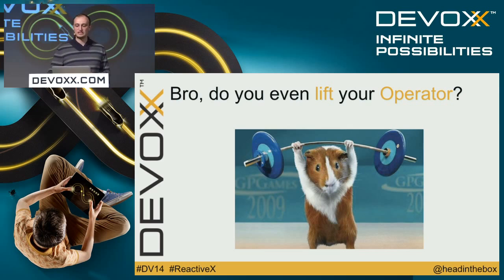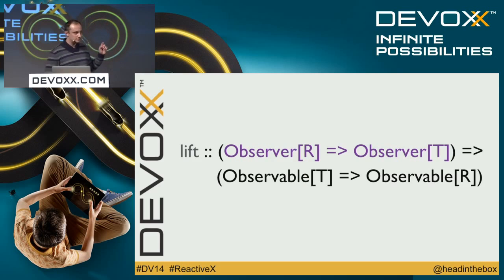But now let's look at what this lift really is. In theory, we would think about lift as a function that takes a function from observer of R to observer of T, and then returns a function from observable of T to an observable of R. In these type variables, you already see a bit of the contravariance of this lift method. The interesting thing is that we just take a transformer of observers, lift that to the level of observables, and all of a sudden we get an operator.